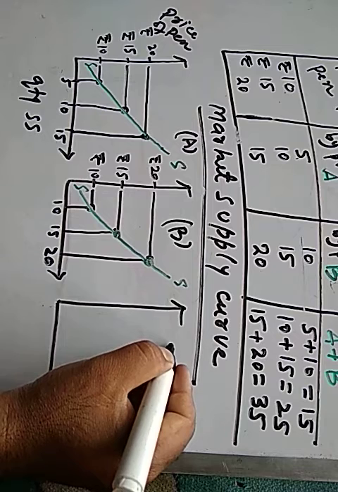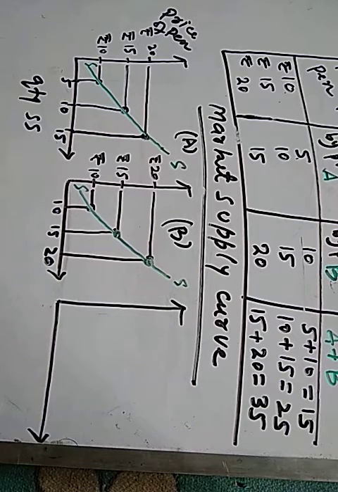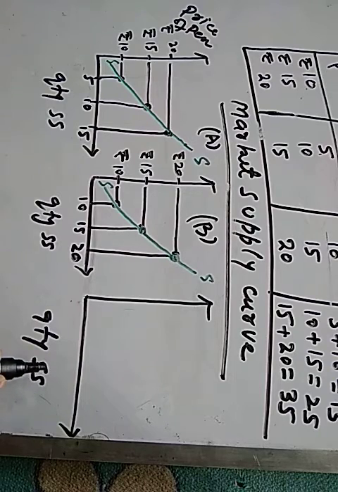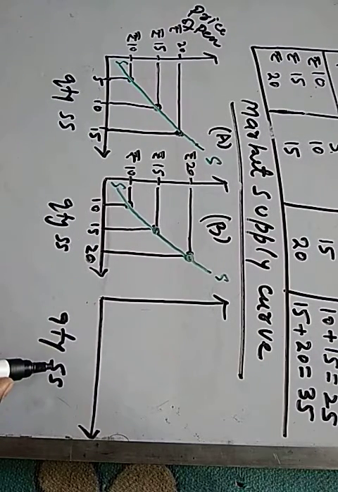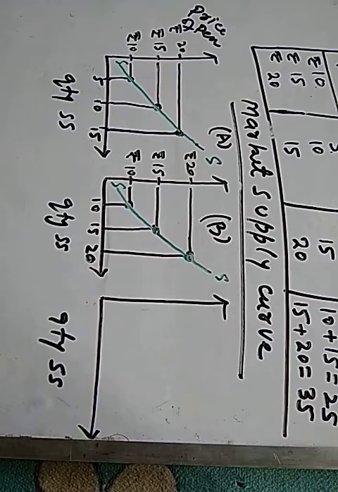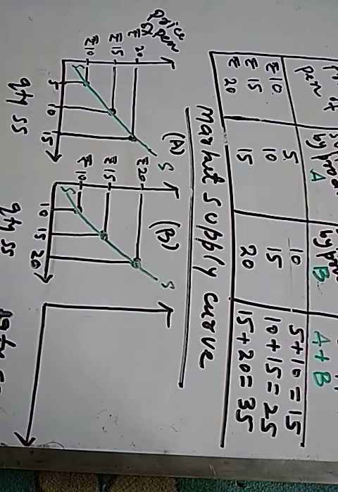So I will write here on the horizontal axis, again we are taking quantity supplied, but in this case it is the total quantity supplied by all producers, that is producer A and producer B. On the vertical axis we take the price of the commodity.